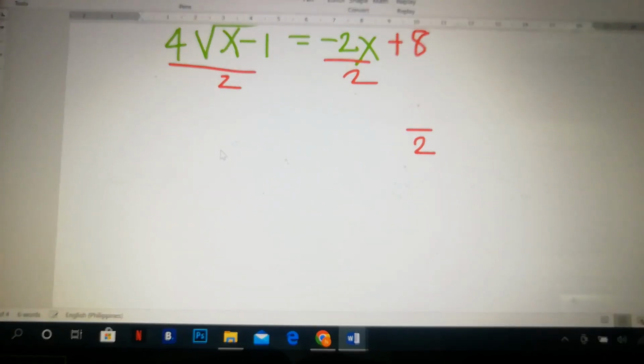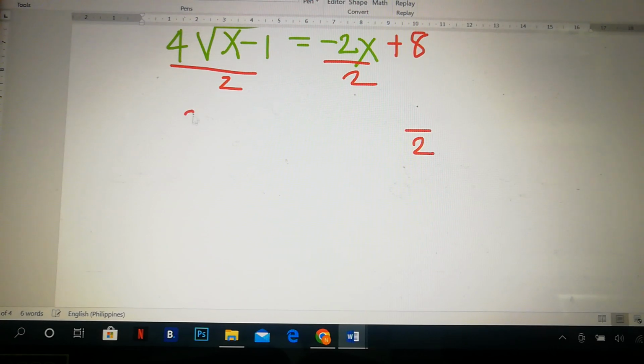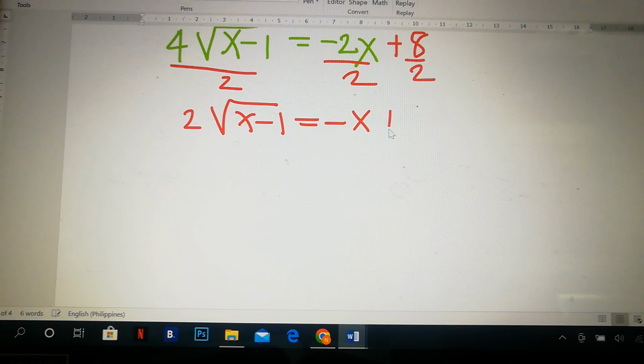So it becomes 2 square root of x minus 1 is equal to negative x plus 4.